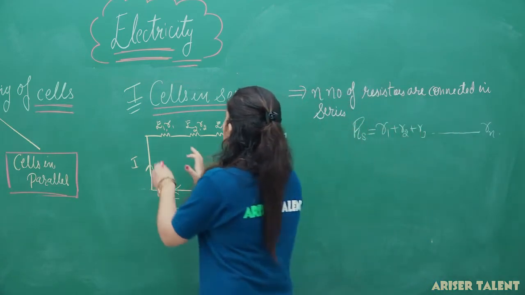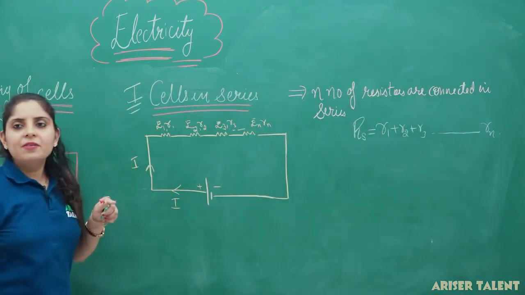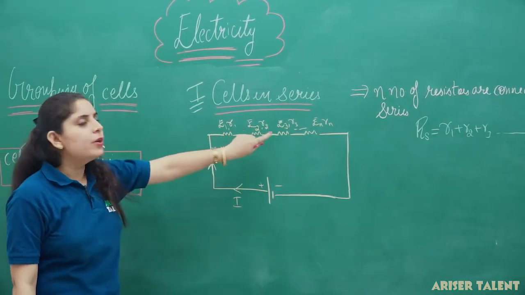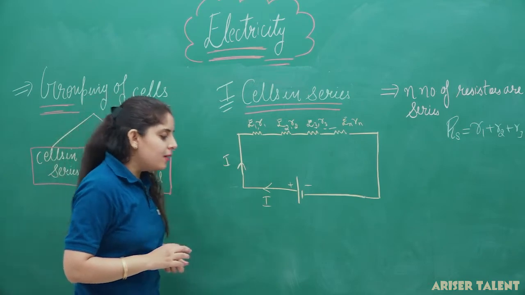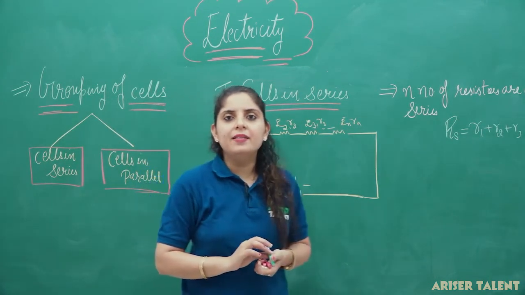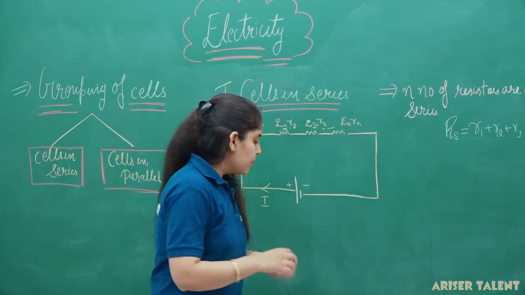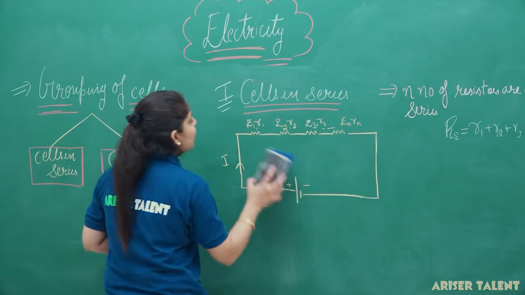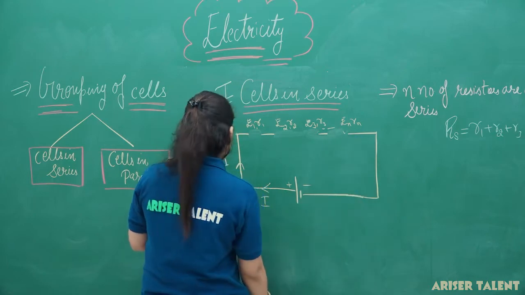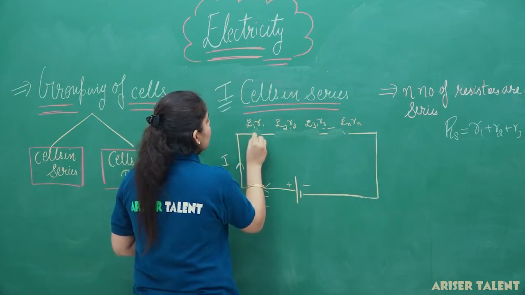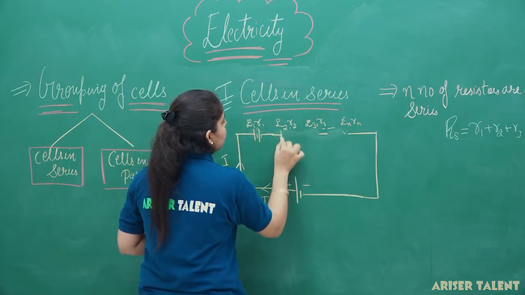Now, these EMFs which are connected with the resistances, that is E1, E2, E3, according to the polarity, we will see that these EMFs will be added according to their polarity. So, you can also draw E1, r1 like instead of resistances here, you can also draw the cells with the EMF here.